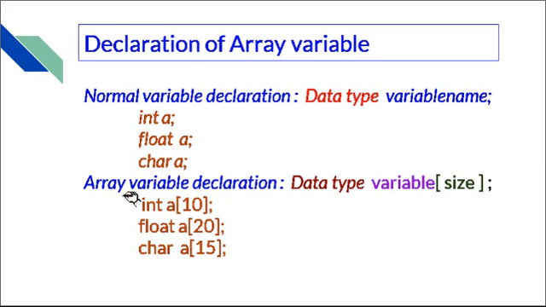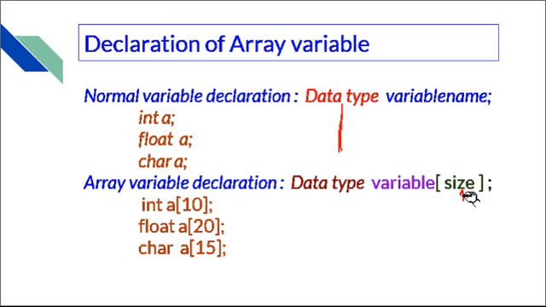Okay. Now array variable declaration. This is the syntax of array variable declaration: data type, variable name followed by square brackets. Within the square brackets you mention the size. What is this size?